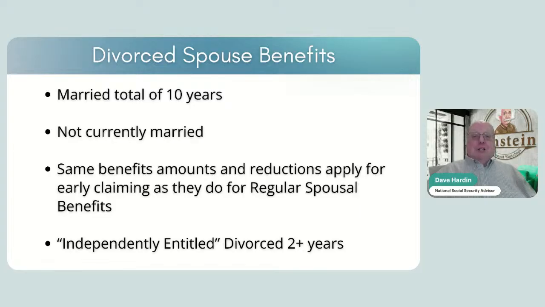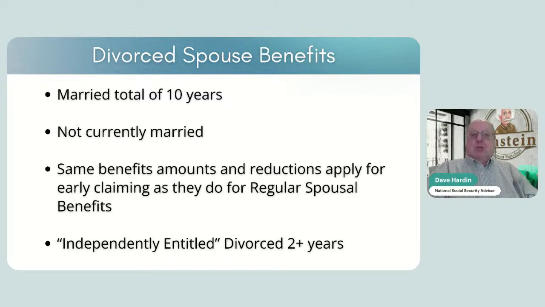It's got to be to the same person. And you have to currently not be married. If you divorce, let's say you have 20 years of marriage and you divorce, and 2 years later you meet the love of your life and you remarry again, you do not have divorced spouse benefits. You have current spouse benefits after a year.